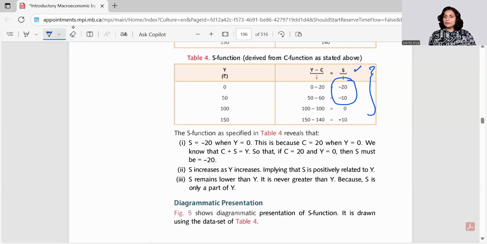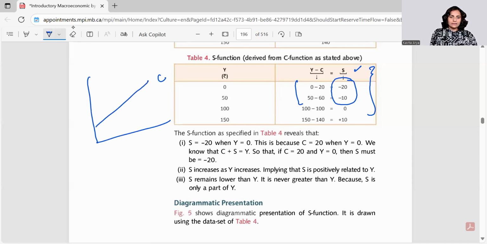When we talk about savings, minus means, if you are able to recall, this was our C and this was our Y. This is the dis-saving zone and this is the saving zone, and here this is the BEP, the break-even point where the consumption is just equal to income.